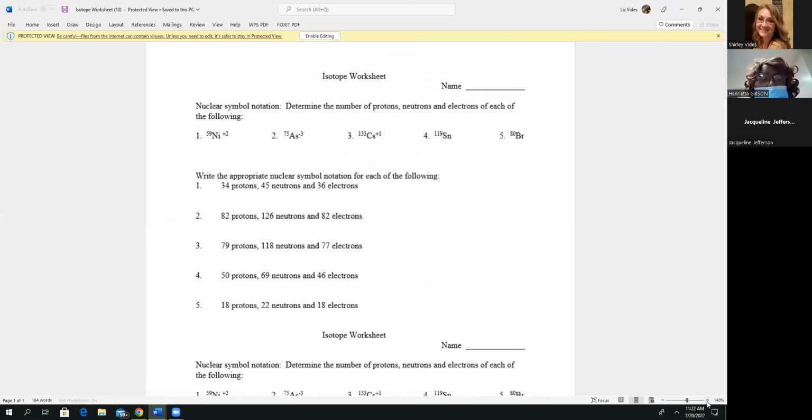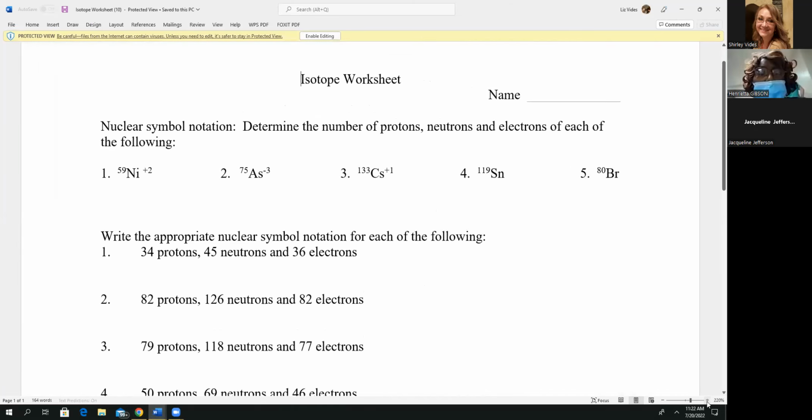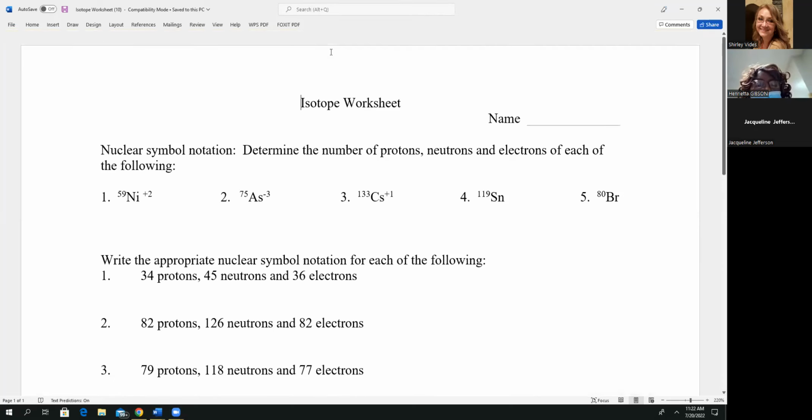So if you're encountering them as a table, you have it. If you're encountering them as nuclear symbol notation, then you have it too. For this one, we're going to figure out how many protons, neutrons, and electrons we have in each one. And we're going to be able to type directly.